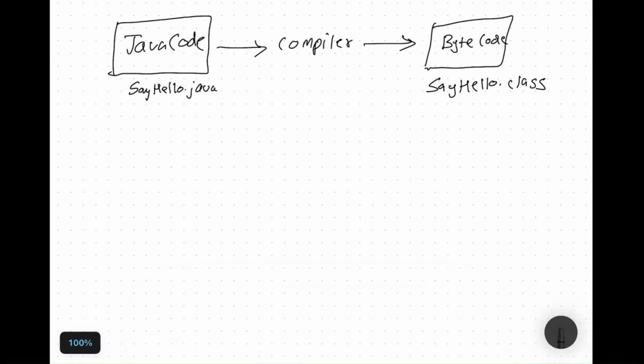Is this clear? I'll talk about it when we run our code using javac and java. We'll see how this is converted. But just to let you know how the program works, we have this class file SayHello.class.